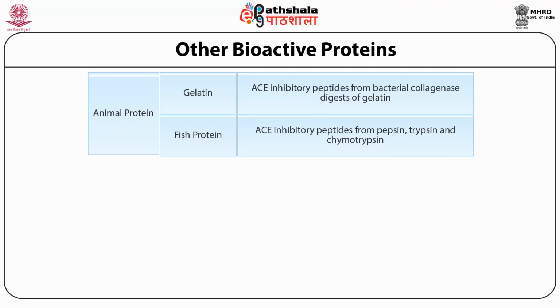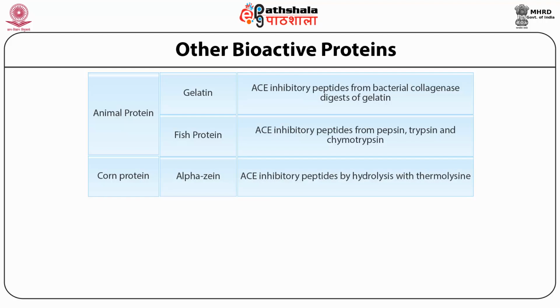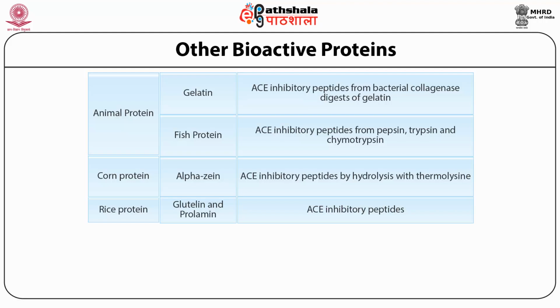Bioactive proteins from plant sources include corn protein. The major corn protein is zein, which by the hydrolysis of thermolysin releases ACE inhibitory peptide. Glutelin and prolamine are rice proteins that also produce ACE inhibitory peptide.